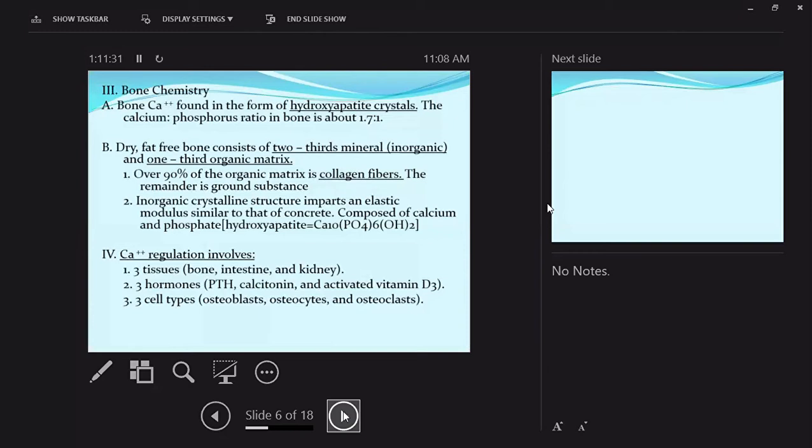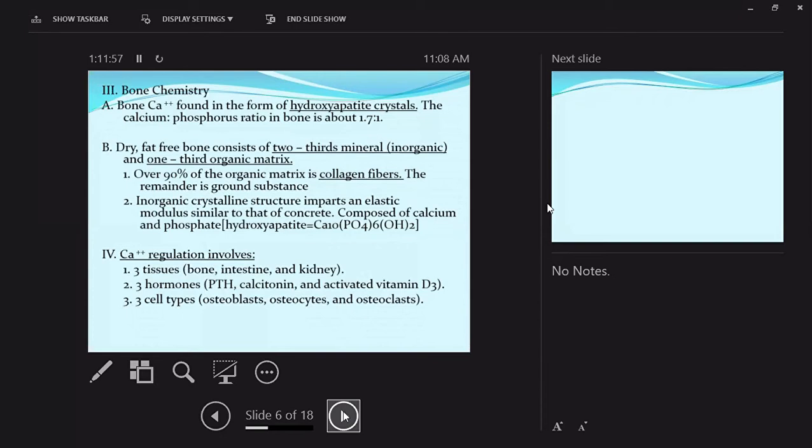For example, there is secretion of collagen molecules, okay? And then the ground substance by your osteoblasts. The osteoblasts, osteocytes, and osteoclasts play a role in bone calcification.